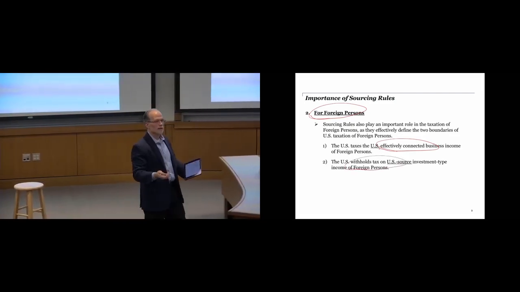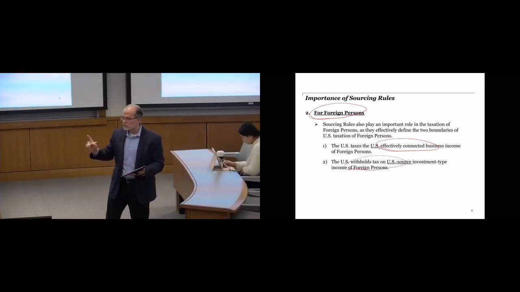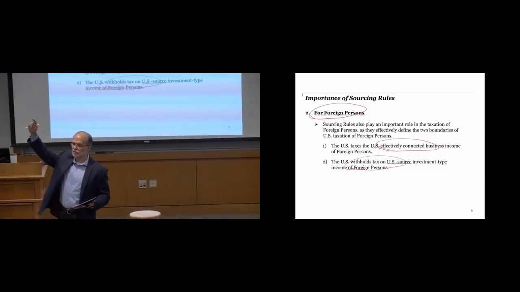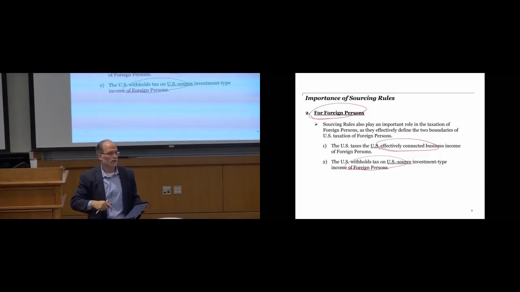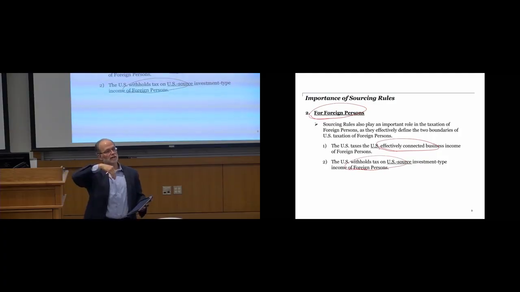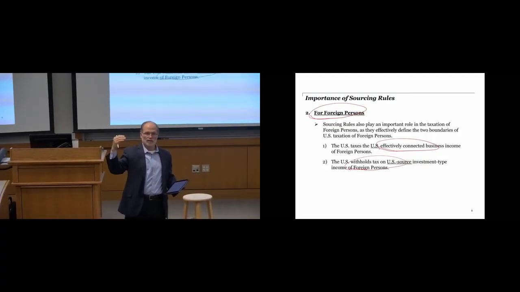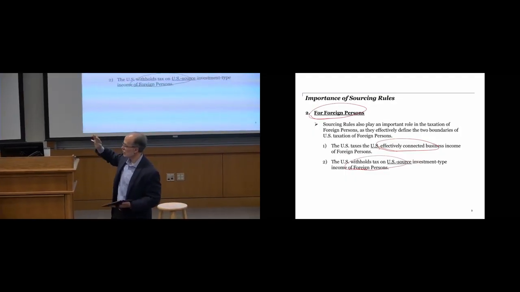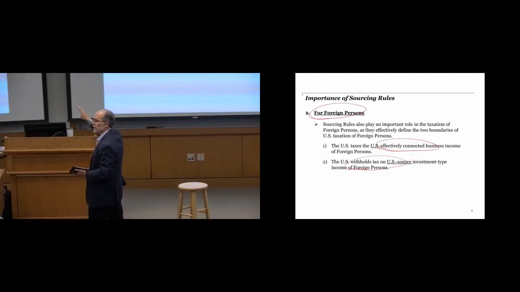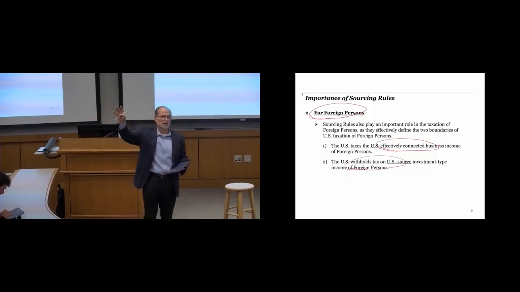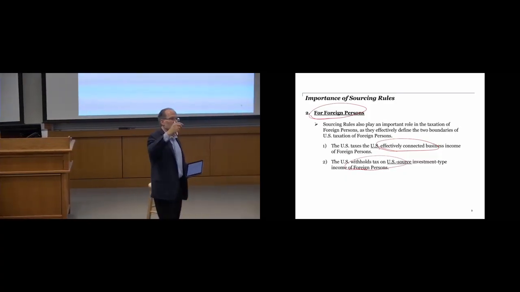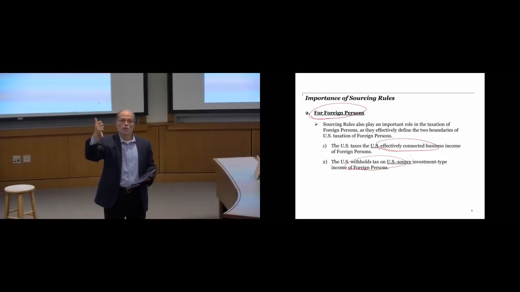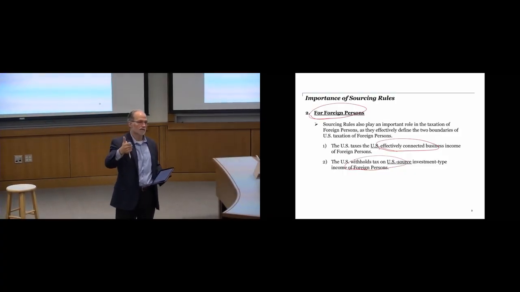The US also, the second area where the US taxes foreign persons is when they're not doing a US business, but they have invested in the United States. So think about investments in our equity markets where maybe part of the investment return is a dividend going from the United States to the foreign investors. If that return is US source, then we have to consider whether we have withholding tax in the United States on that outbound payment.